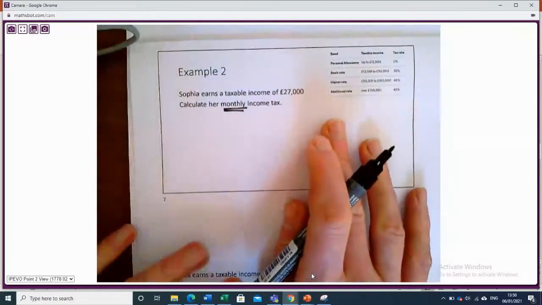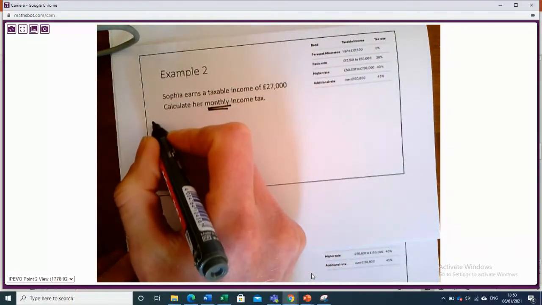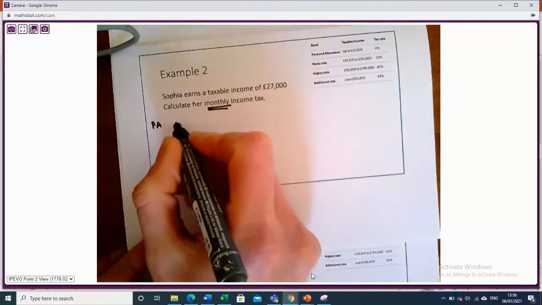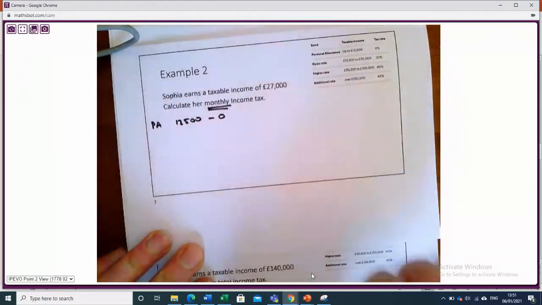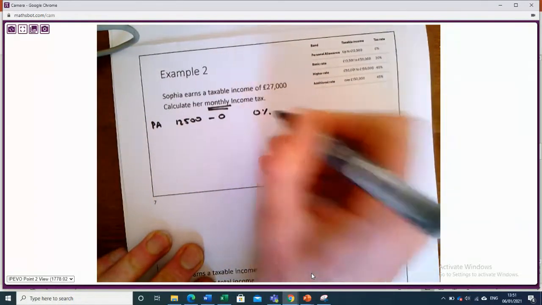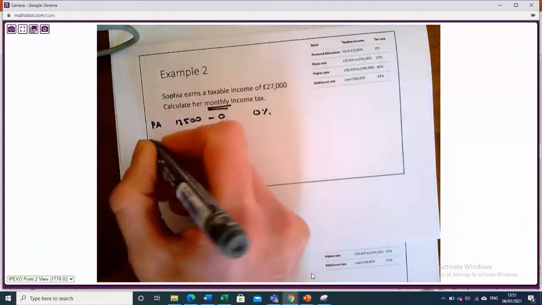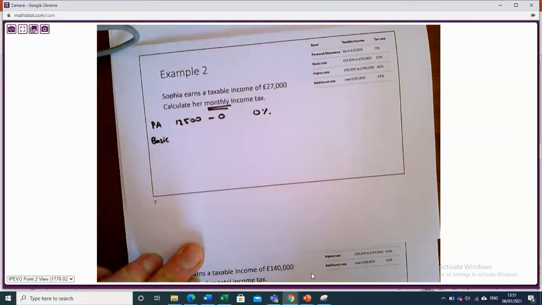Okay, so first of all, Sophia still gets a personal allowance. So from £12,500 down to 0, she pays 0%, so that's £0. The rest of her salary falls within the basic rate.